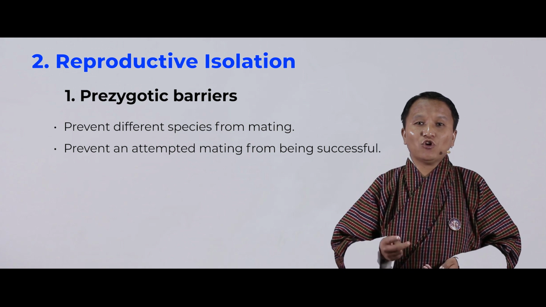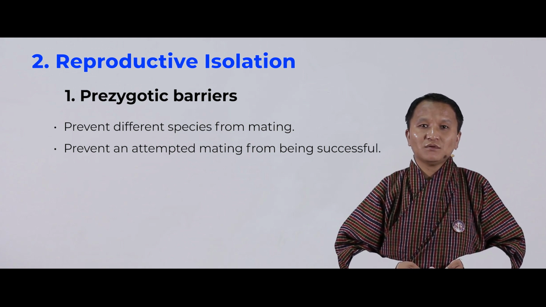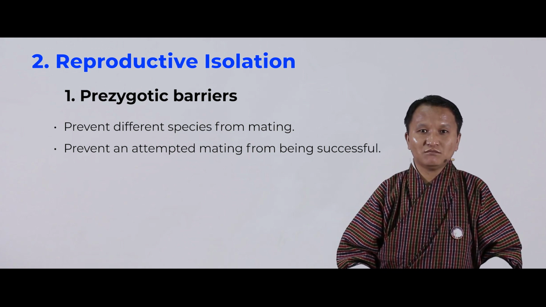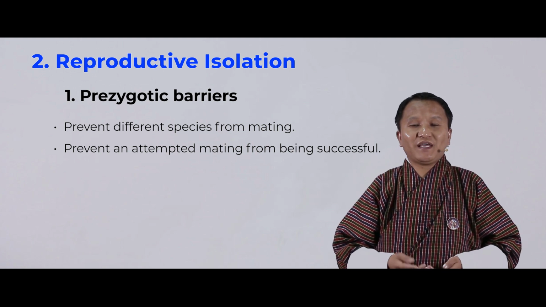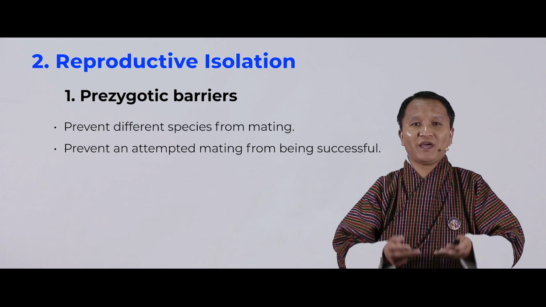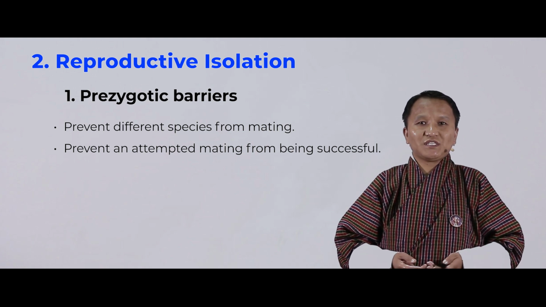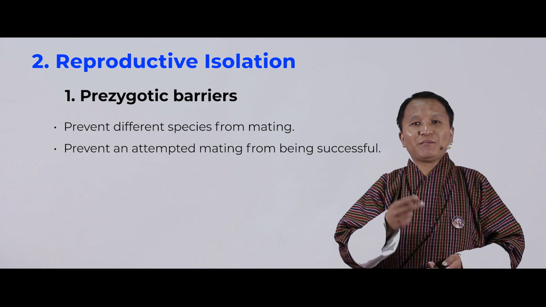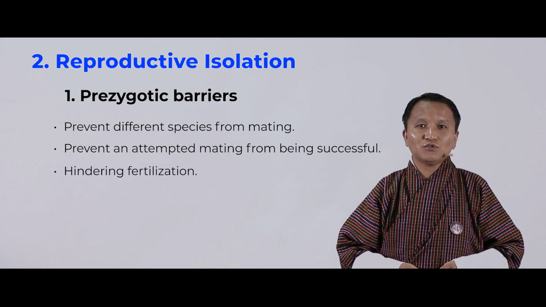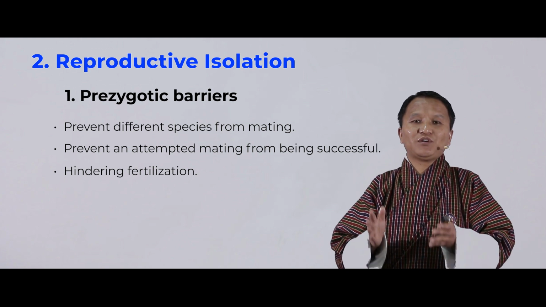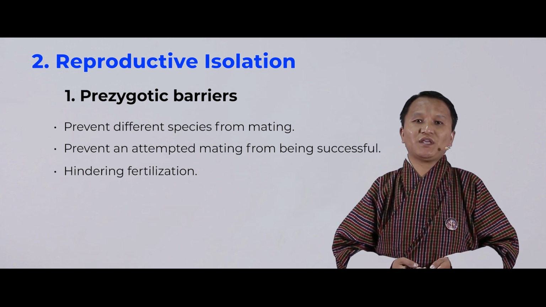For example, if a dog mates with a cat, firstly, mating will not happen, which means mating is prevented. Secondly, if there is an attempt at mating between a dog and a cat, it will not be successful. Even if the mating is successful, fertilization will not take place. Which means interbreeding between different species cannot happen.